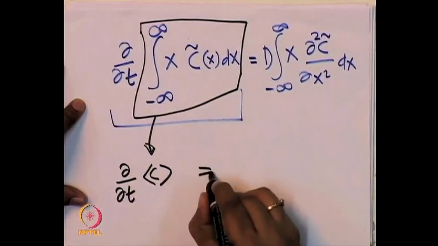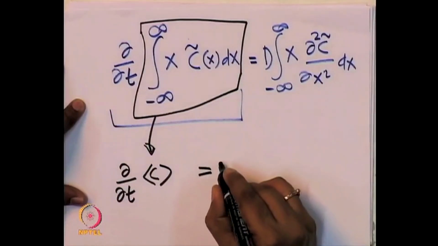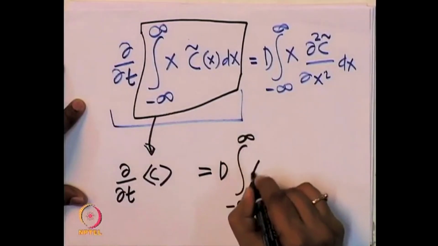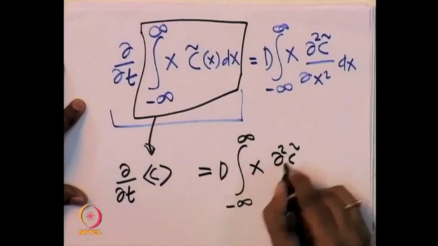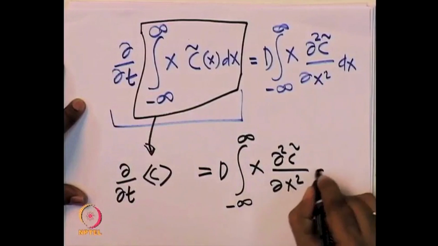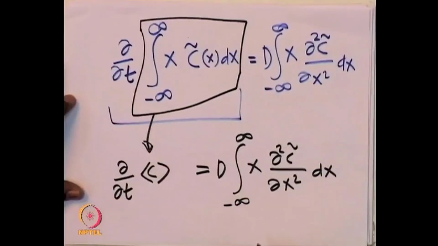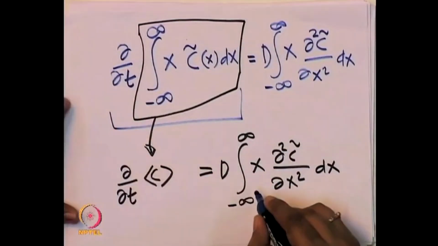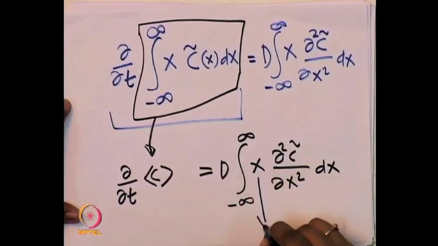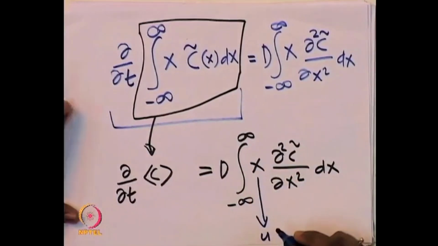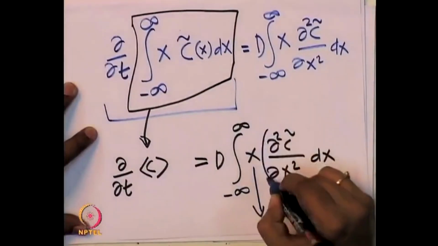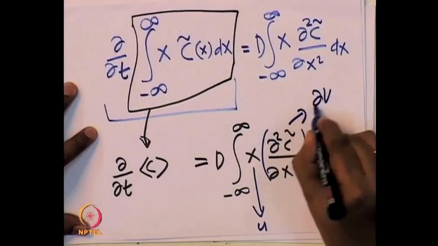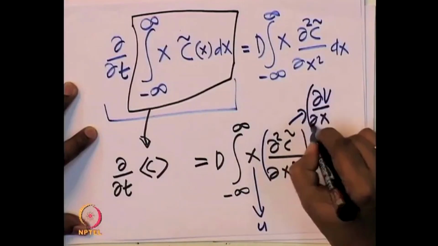So this is equal to D into integral from minus infinity to infinity x del square c tilde by del x square dx. Just like we discussed last time, you can take x as u, and this term you can take as dv by dx.